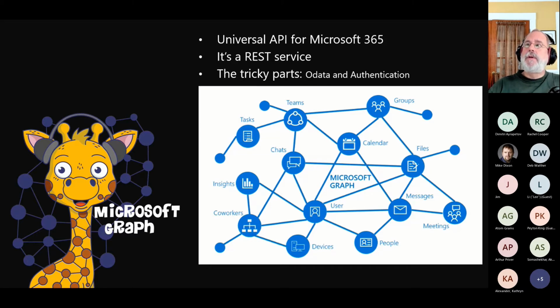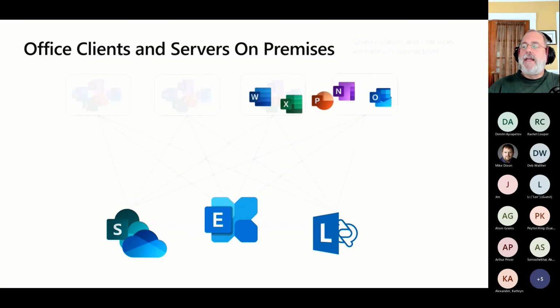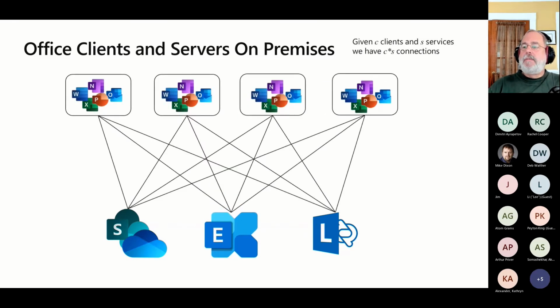So before we dig into it, though, I want to take a bit of a flashback and explain a little bit of background of why the Graph exists and what is really behind it. If you go back to the olden days, when everything was on premises, we had a handful of client programs and we had a few major servers, SharePoint, Exchange, Lync being notable among them. The way that this worked was that each user had a computer.